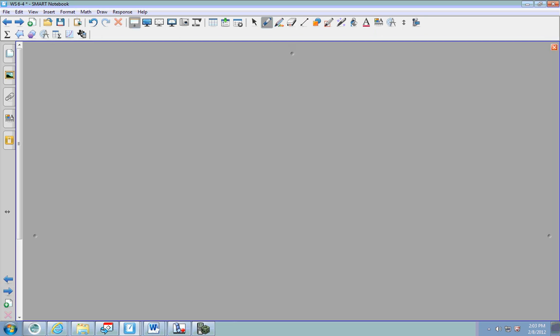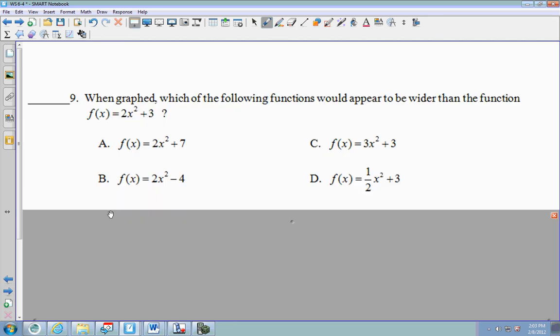Next, the first one up here says, when graphed, which of the following functions would appear to be wider than the function 2x squared plus 3? What affects the wideness? The ax squared, the number in front of the x squared. This coefficient is 2.